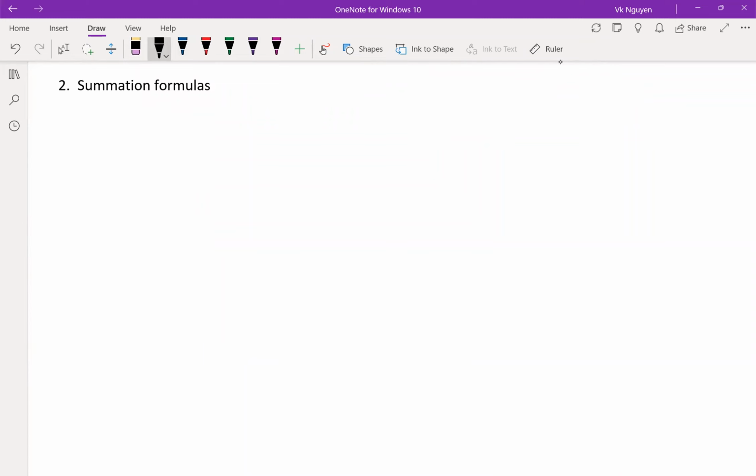First one is the sum of I, I equal 1 to n. This is what it looks like: 1 plus 2 plus 3 plus dot dot dot plus n, which equals n times n plus 1 over 2.